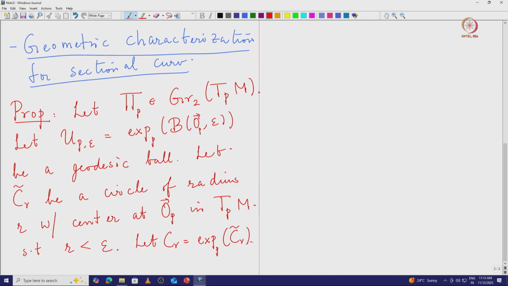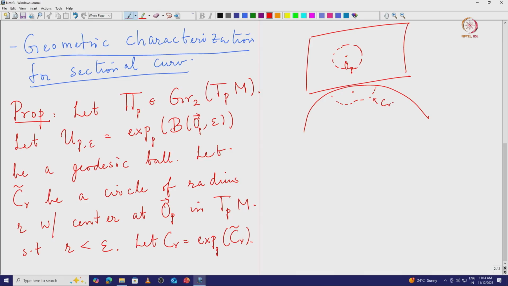So you should think of this Cr, let me draw a picture quickly. Okay, so this is 0 in the tangent space at p, so Cr tilde is some circle here of radius r, and this is your image under the exponential map, Cr.